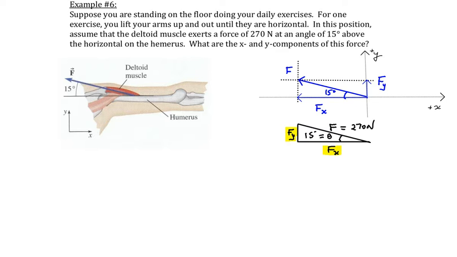Now think of an appropriate trig function, remember this is a right angle in here, that would involve, for example, Fx and F and the angle, or Fy and F and the angle.